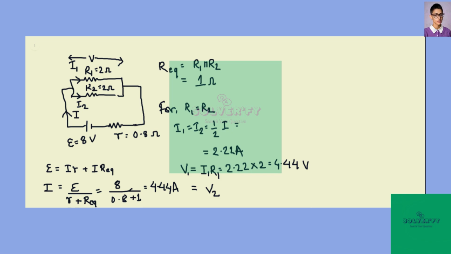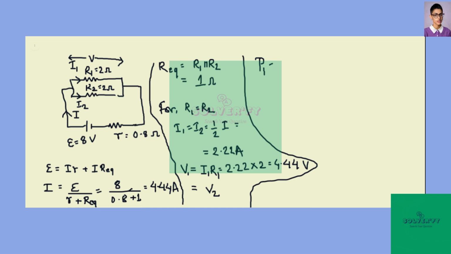We still need to find out the power. To find out the power, let me separate this, otherwise you may get confused. Now power across the first bulb, you can use either of the formulas. Either you can use V1 squared by R1, or you can just use I1 squared into R1, whichever you want.